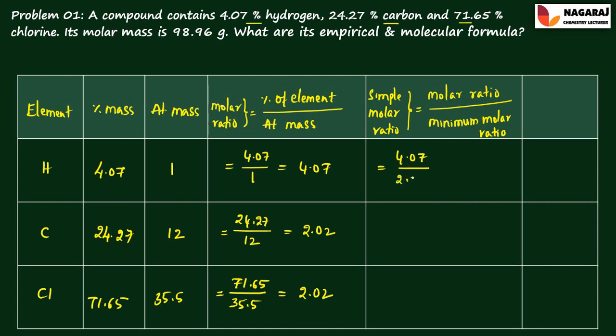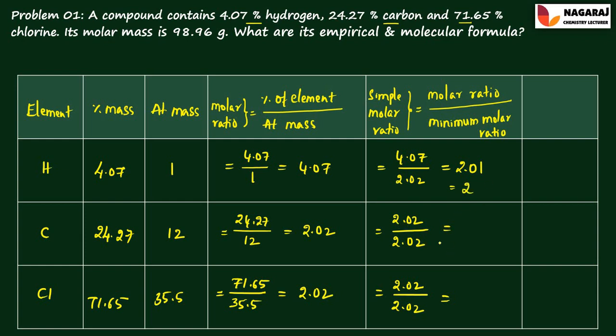So for the carbon element, it is 2.02 divided by 2.02, and for hydrogen, 4.07 divided by 2.02 is 2.01, which is nearly equal to 2, right?